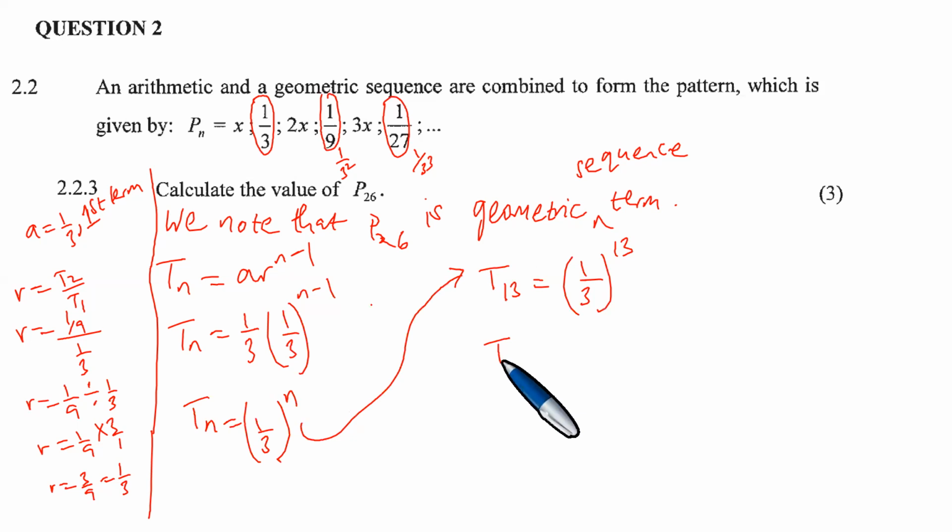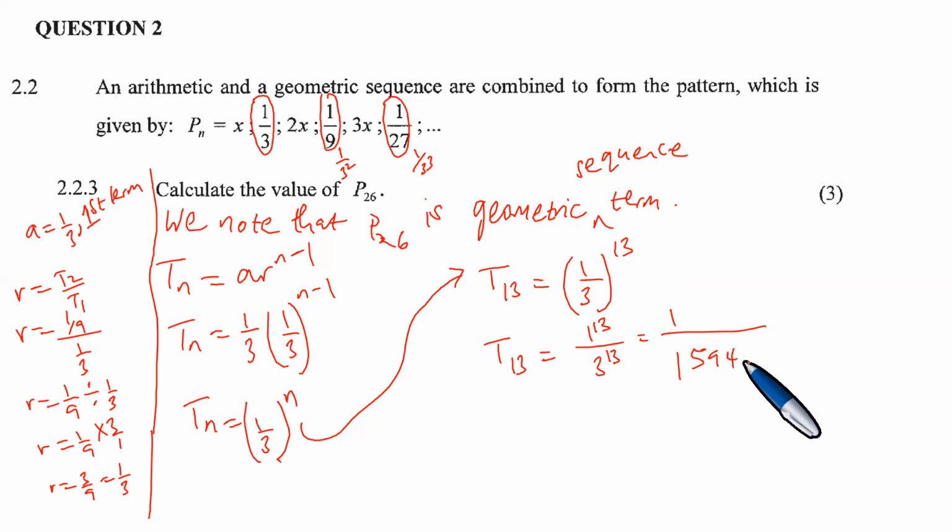So 1/3 to the power 13 means that T13 is actually 1 out of 3 to the power 13, which is 1,594,323.